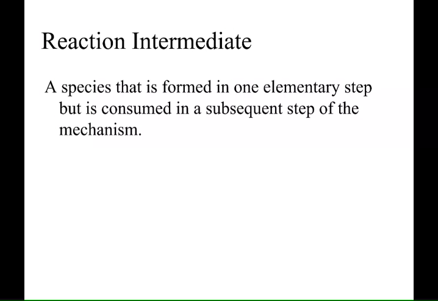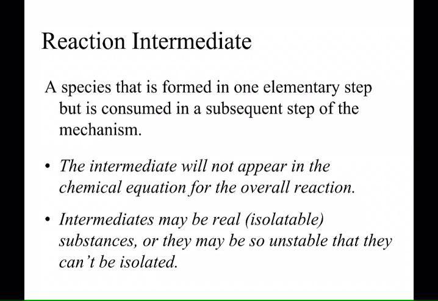I think of it as fleeting. It doesn't show up in your overall reaction of interest. And it makes you want to go find D, doesn't it? D shows up somewhere, right? Sometimes you can find D. Sometimes you can isolate these intermediates, but sometimes you cannot.